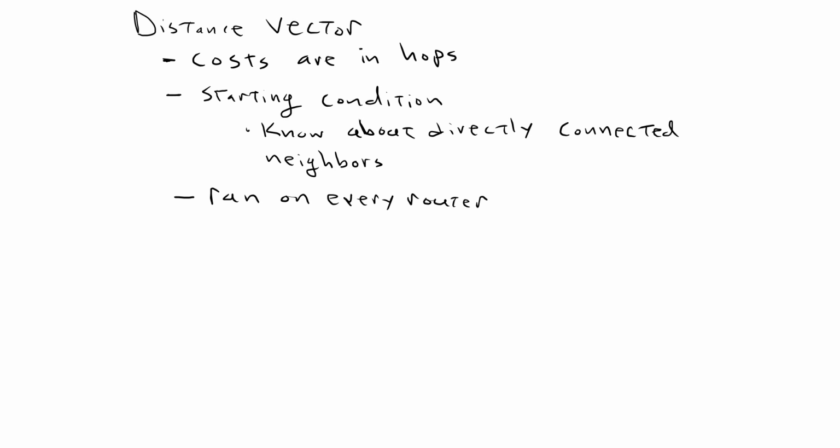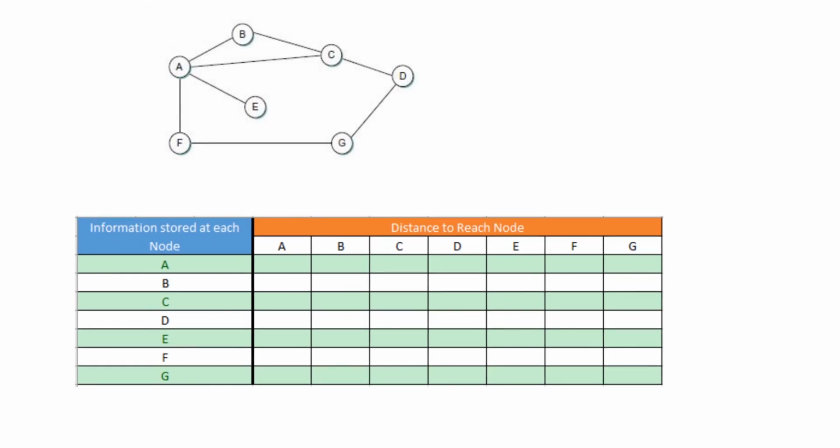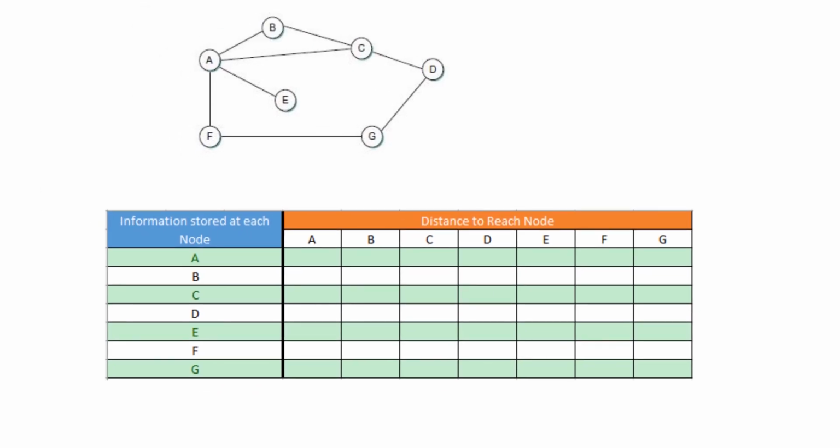So let's take a look at what an example network might look like. So here's an example network. I'm going to zoom this in a little. And this is a table that looks at the entire state of the network.